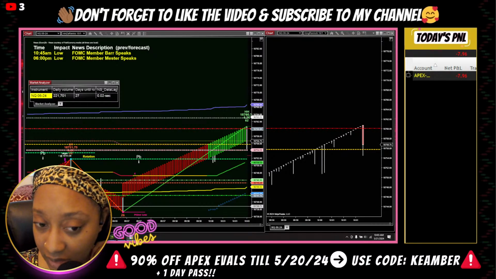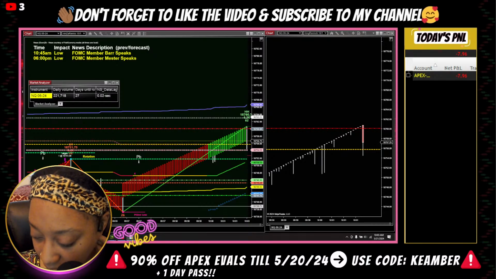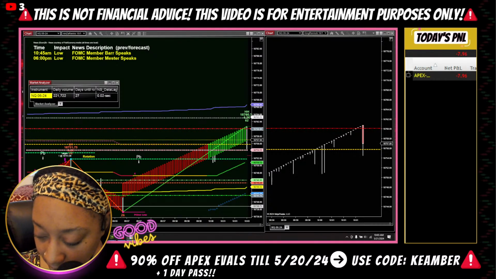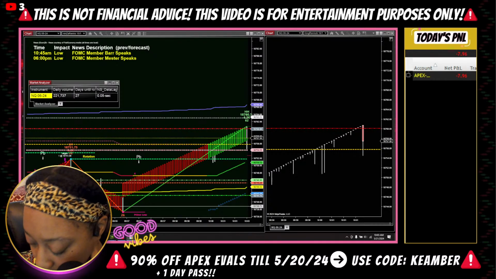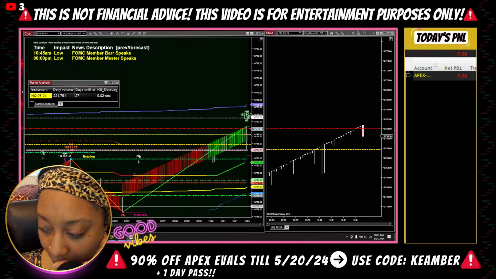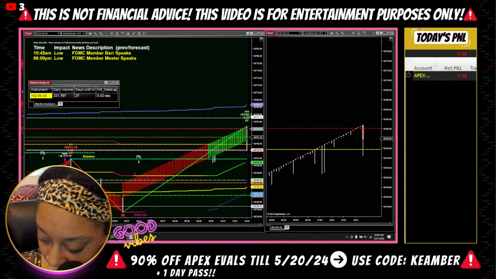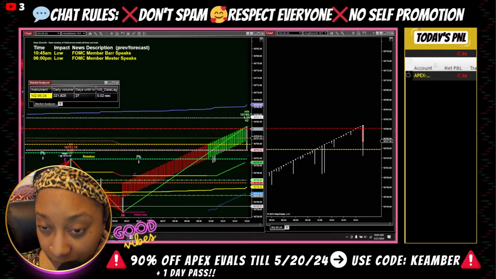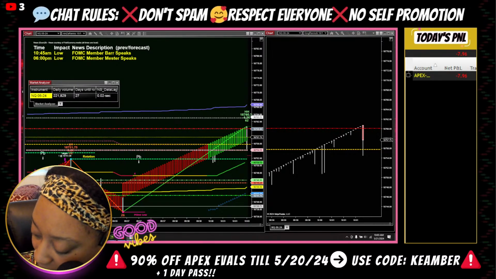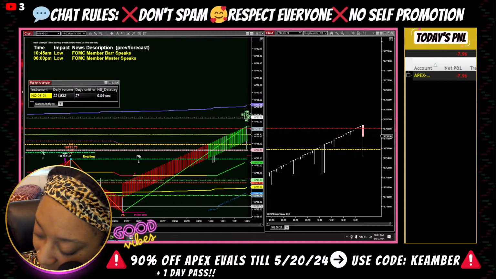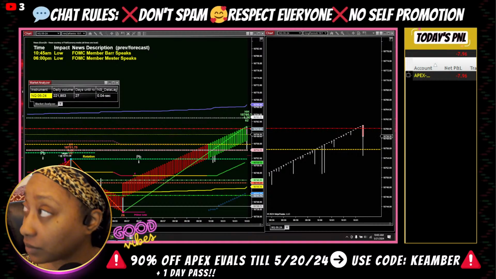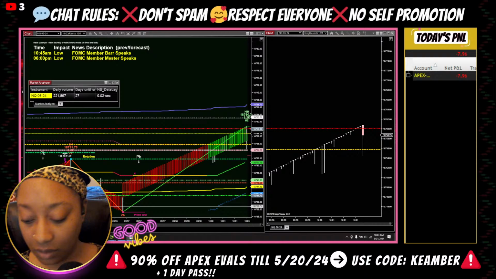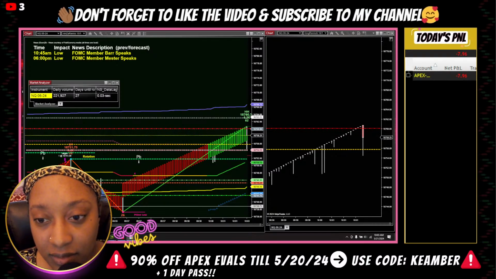Well, not with my regular divergence. This will be an alternate divergence, so it'll be a little bit different, but it only set up once last week. So I might take it if that's how it sets up, but if it's the regular divergence off a new high, I'm not going to. So we'll see how price reacts here.